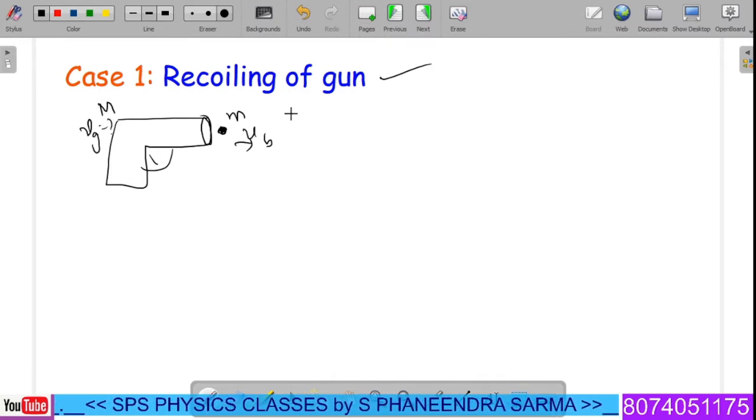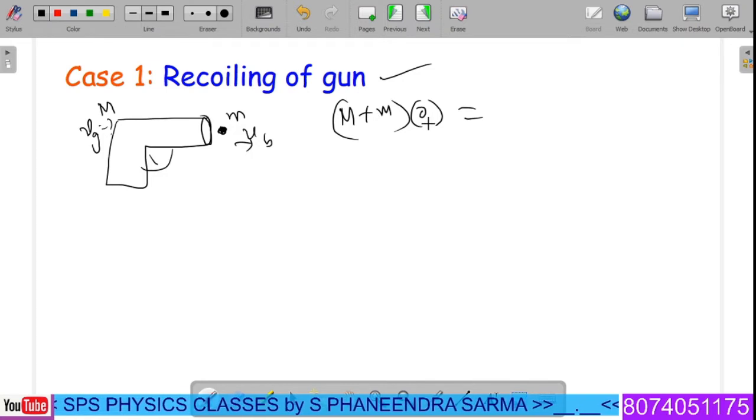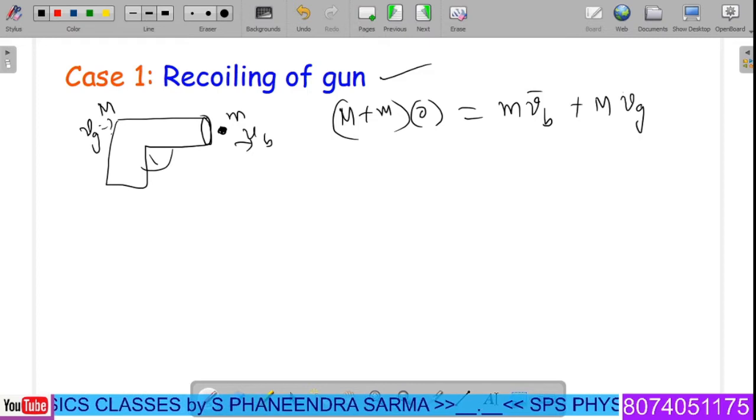Now let us apply the law of conservation of linear momentum. Before impact, both are at rest, so this is the total mass which is initially at rest. After ejecting the bullet, the bullet of mass m has velocity Vb bar, plus the mass of the gun M into velocity of the gun Vg bar.